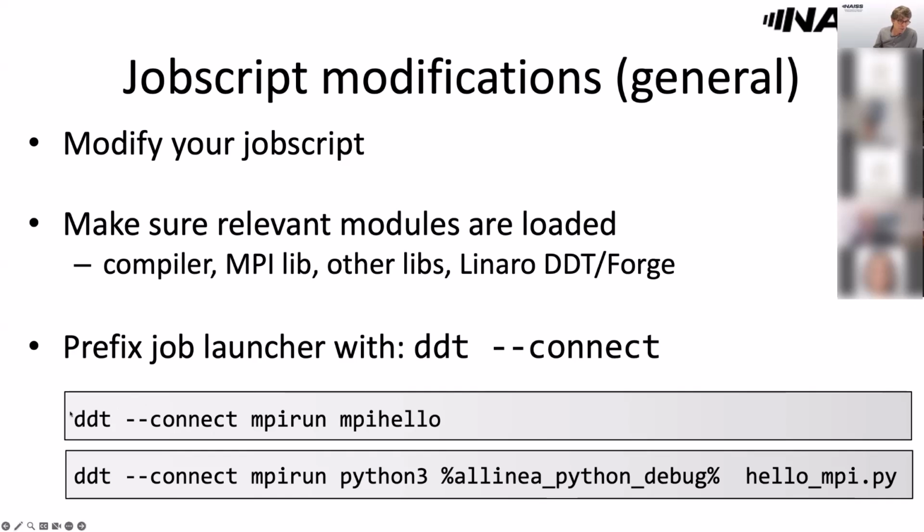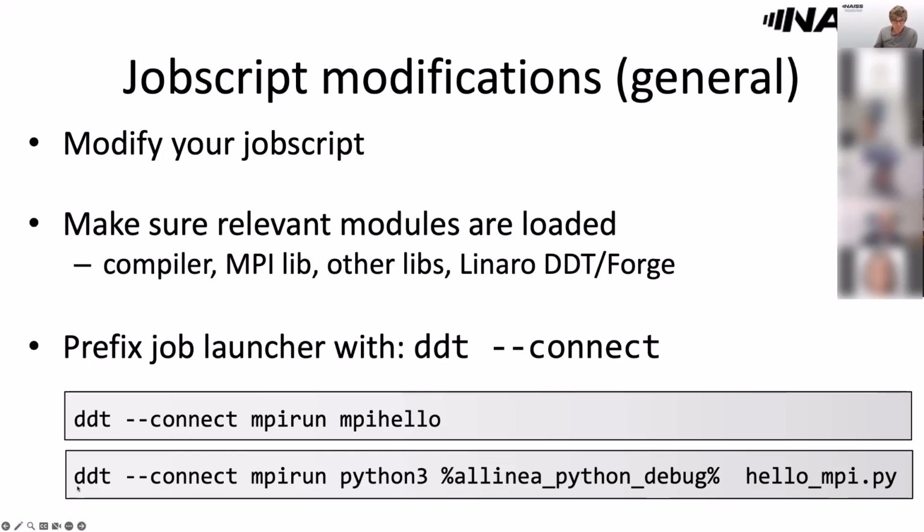If you have a simple job script, just write ddt --connect in front of it, and keep the rest as before. If you have a complex scripting setup which starts your application, you have to hack into that, or see whether there's already support for a debugger, and get that before the job launch.